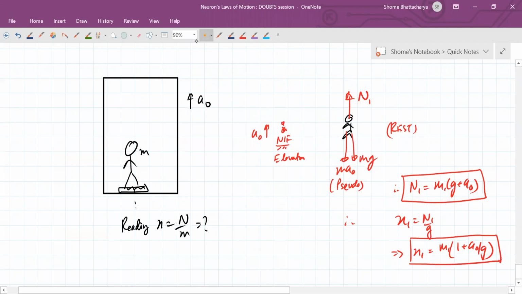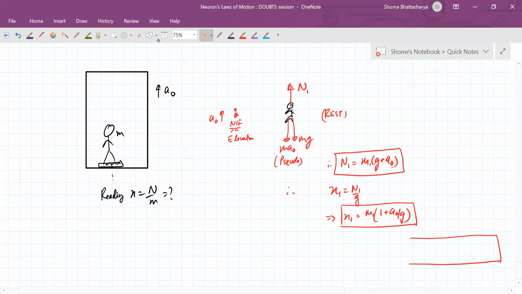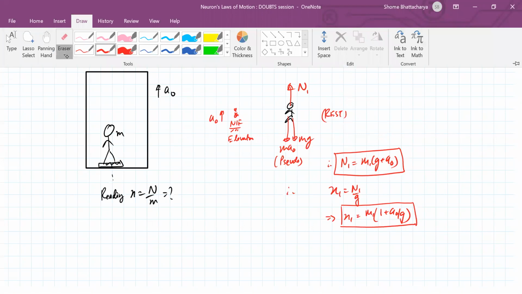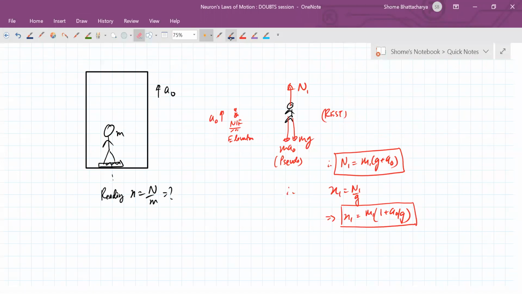Okay, you can also arrive at the same conclusion by looking at the free body diagram in ground frame.